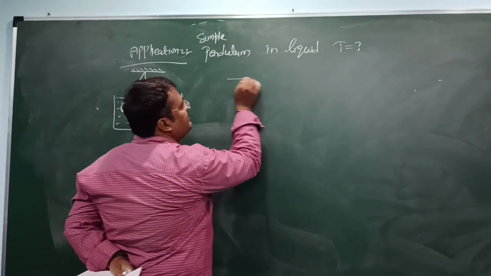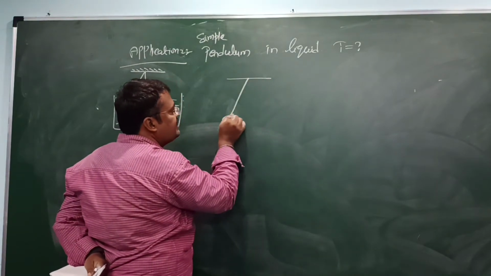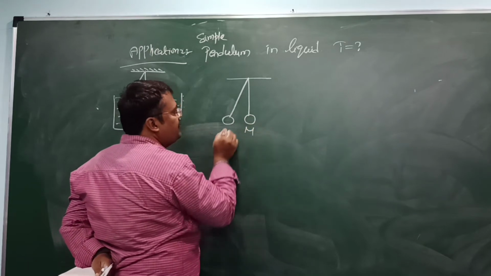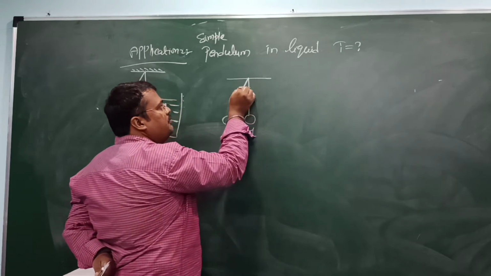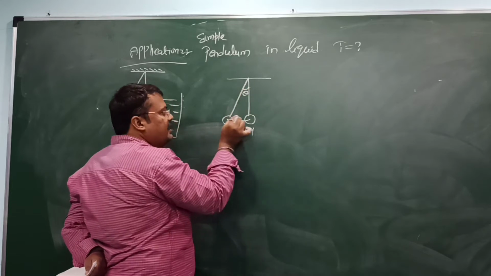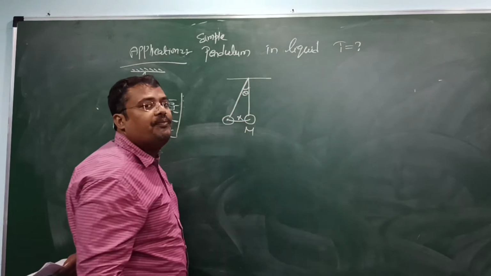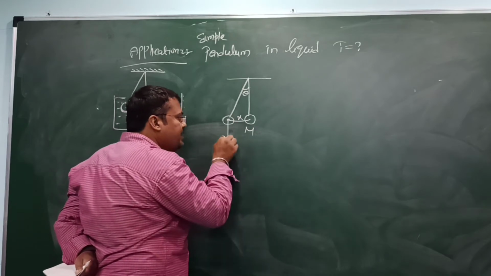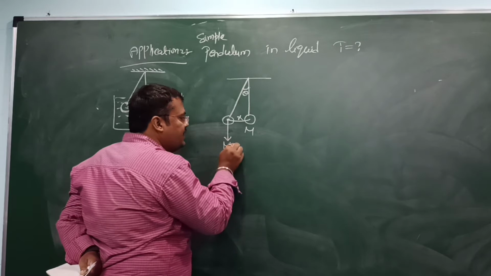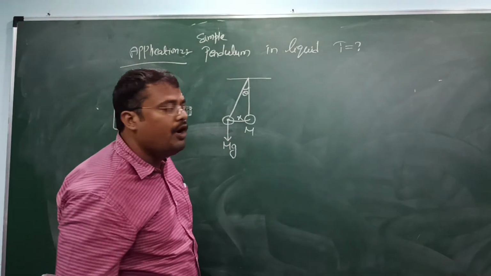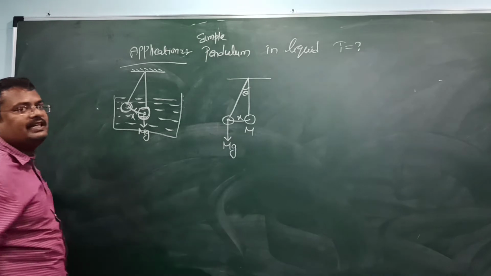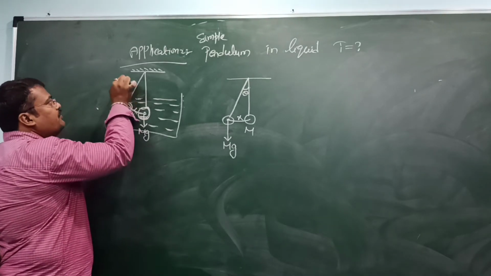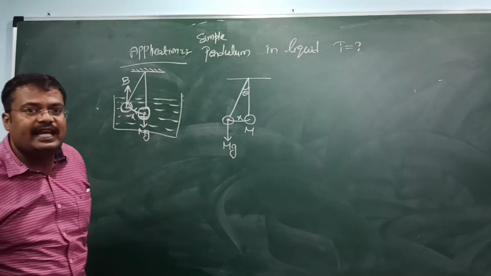It is experiencing different forces. So what forces is it experiencing? It is a mean position, it is the extreme position, means angle theta here it is existed, it is the x displacement of a particle. So how many forces is it experiencing? Two main forces: the weight of the bob and the liquid. The liquid will apply one force, that is buoyancy force.